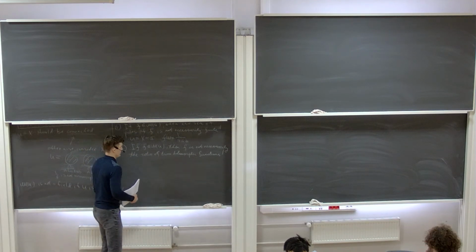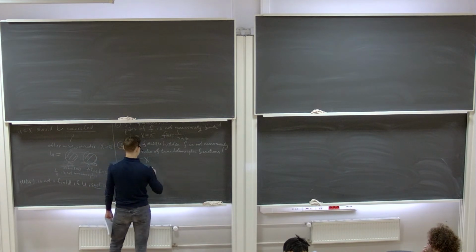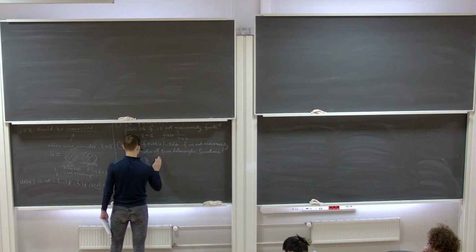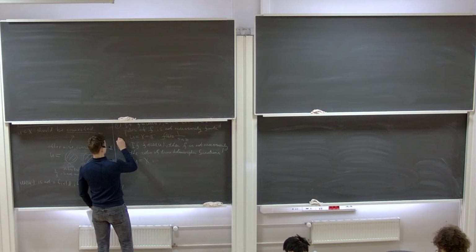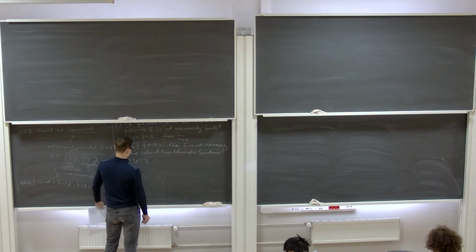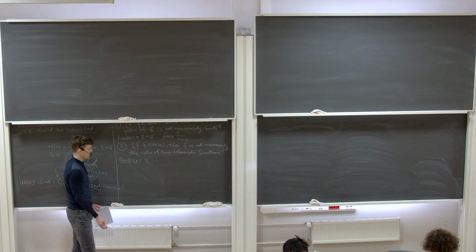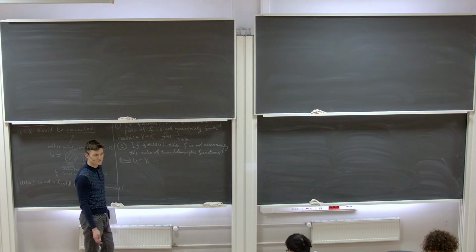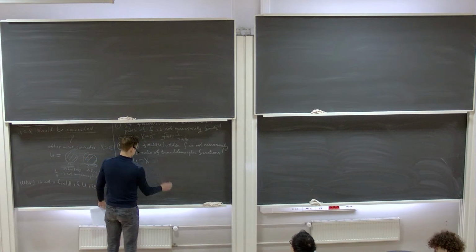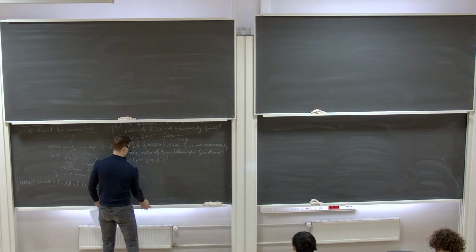For example, if U equals X and X is compact, then we know that the only holomorphic functions are constants. But we can have many meromorphic functions. For example, CP1.